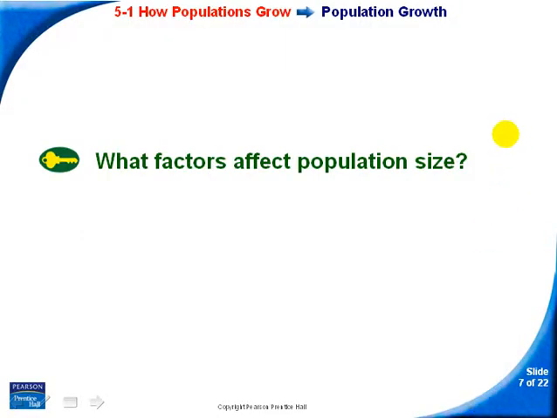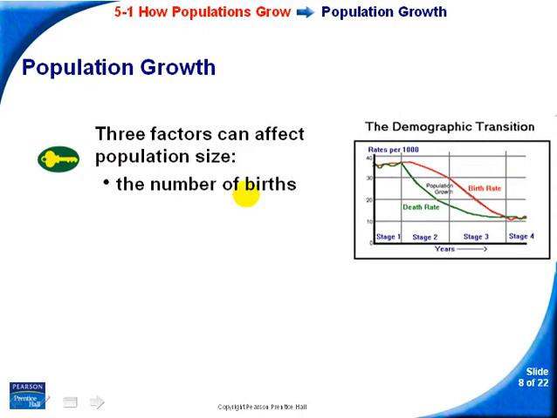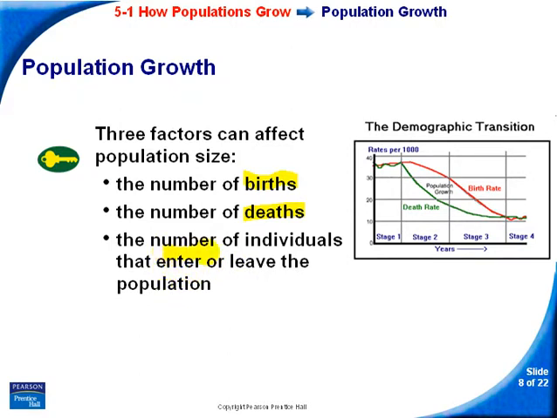What factors affect population size? Well, there are three that affect it: number of births, number of deaths, and people that enter or leave a population. If you look here, I have a graph that shows death rate and birth rate, and shows population growth. This is showing the rate of growth, and over time, all human populations sort of follow this pattern.